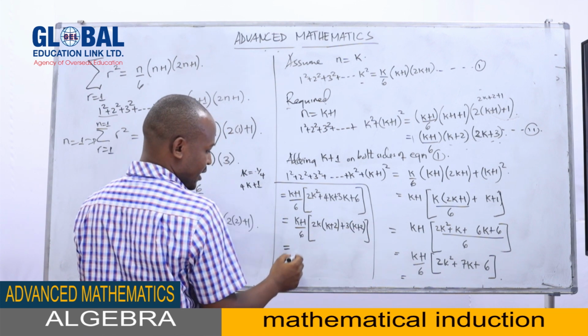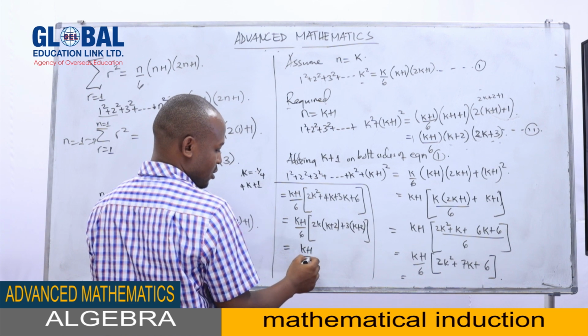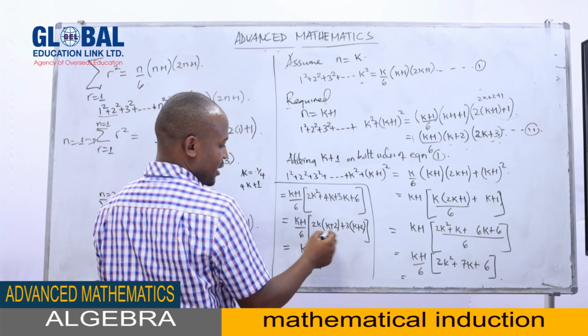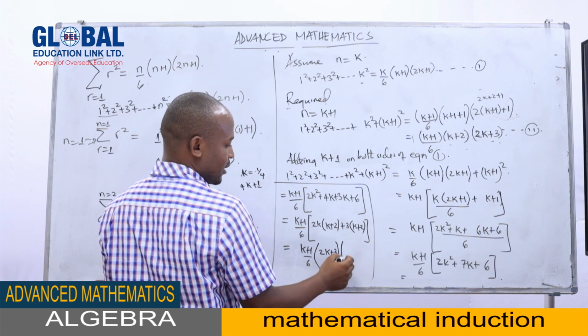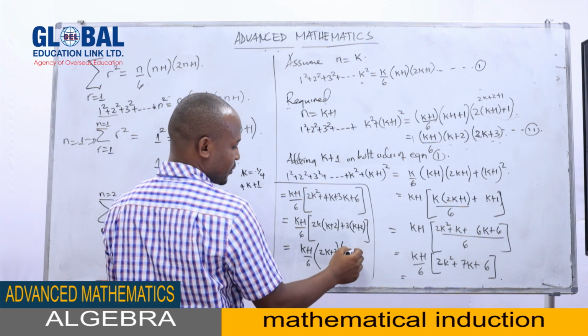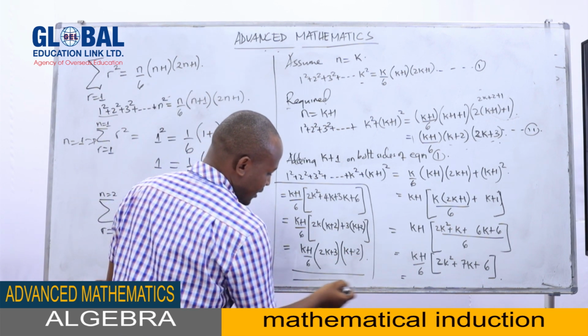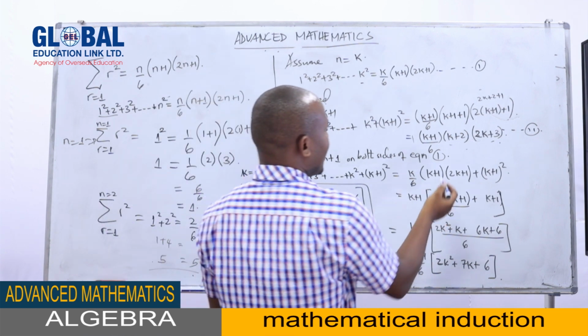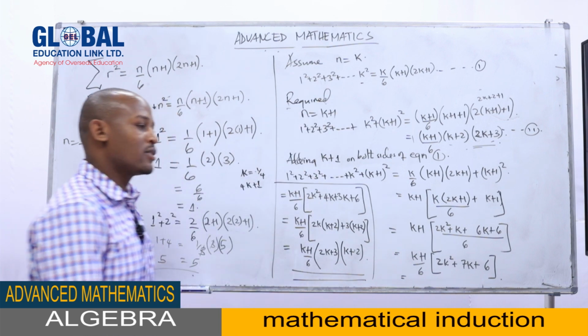What next is k plus 1 over 6, and inside it is 2k plus 3, and also k plus 2. You will see that these results are the same as the results we were trying to reach.